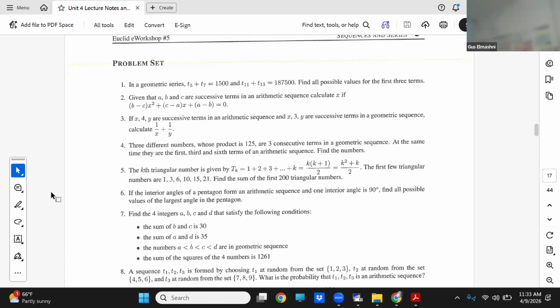So if I do T5 plus T5 times R squared equals 1,500, factor out T5. And then if I do this next one, T5 times R to the 6 plus T5 times R to the 8 equals 187,500. I can factor out T5 here and R to the 6 while I'm at it.